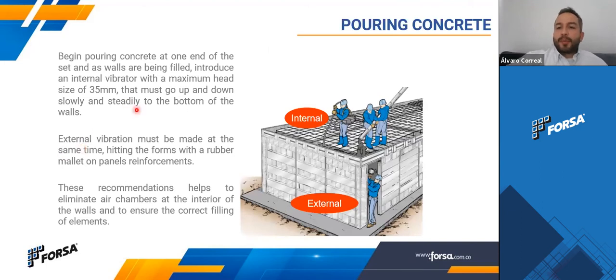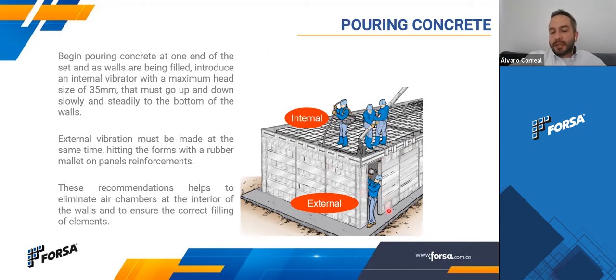So we start pouring the concrete in one of the corners. Then we go for the walls, and you must use an internal vibrator if you're using this 8 inch, 10 inch slump concrete.